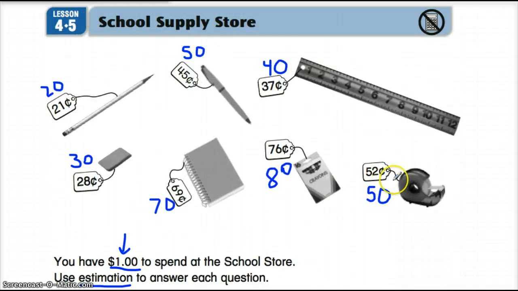So we already know that tape is one of them. So you could use this item. So you would write tape on one line. Tape, you could buy 2 of those because that's 50 plus 50.